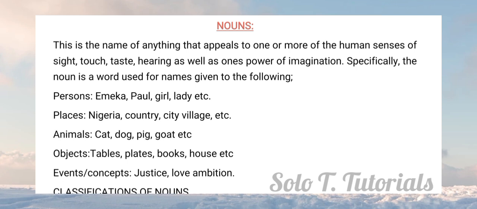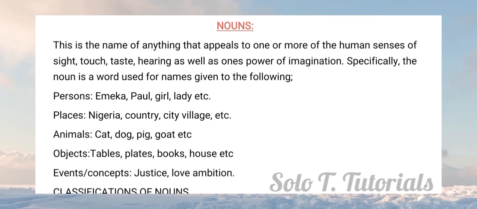Nouns can be names given to persons. For example, we have Maker as a noun, a name of a person. We have Paul as a name of a person, and we have lady as a name of some group of people.